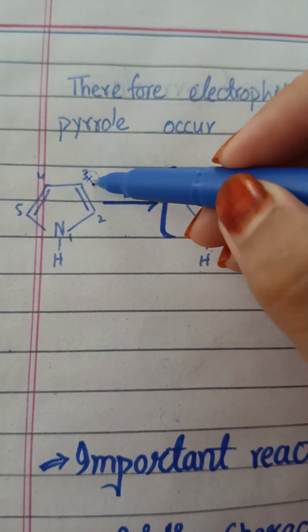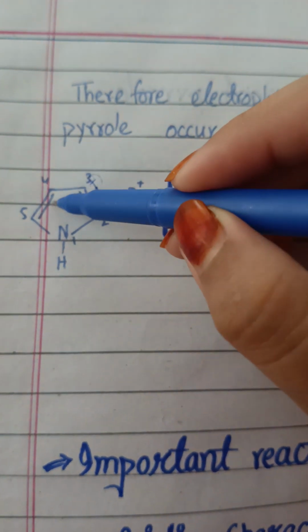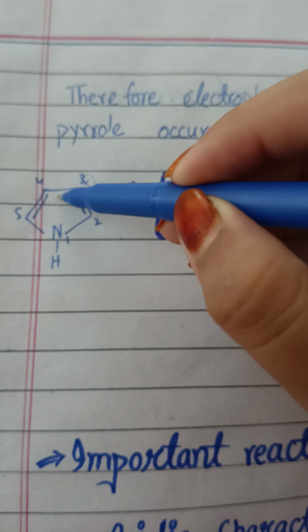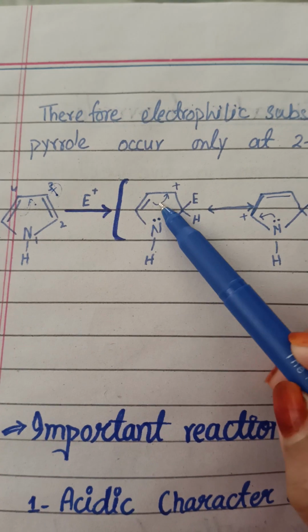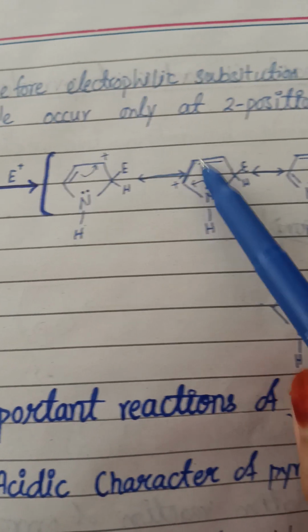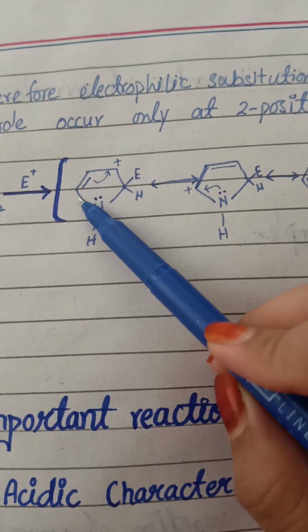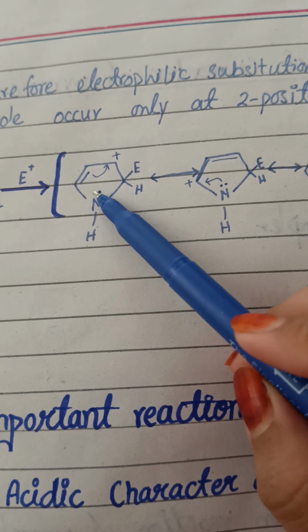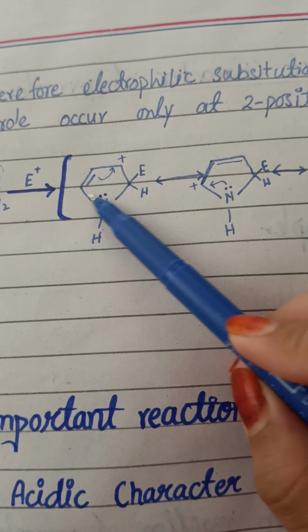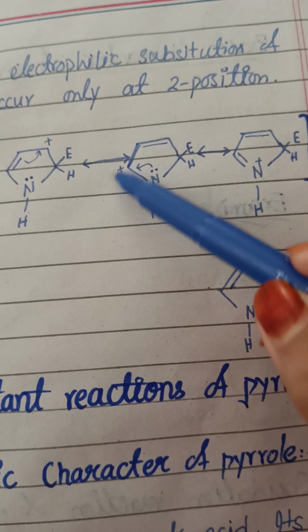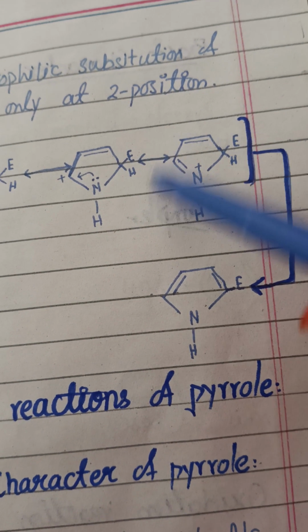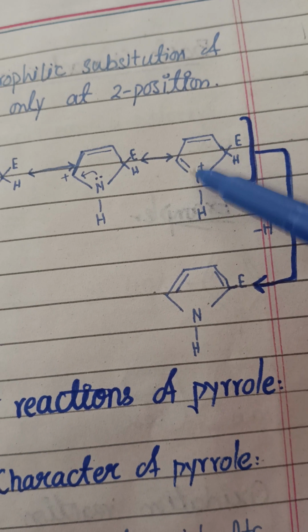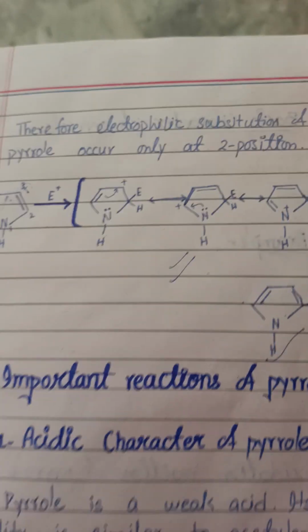To remove the positive charge, this bond is very near, so this bond is transferred to this side, as you can see there. As it is transferred there, at this side there is a deficiency, so nitrogen donates its lone pair toward this side because the positive charge is present there. So here a bond is formed, and this positive charge transfers onto the nitrogen atom. In this way it has three stable structures, so it is more stable.